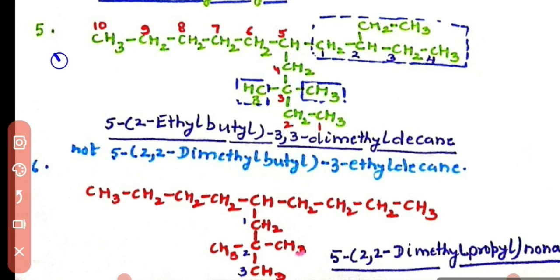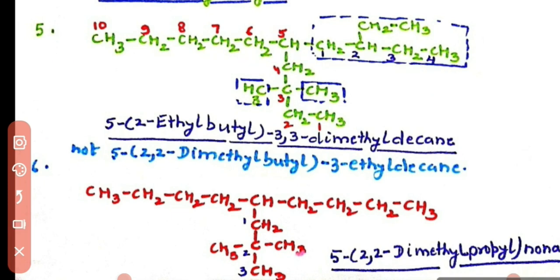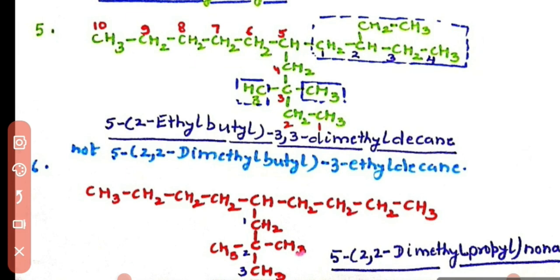Now let us take another example, that is the fifth one. Here you have to select the longest chain. I have selected the straight one. The straight chain contains 1, 2, 3, 4, 5, 6, 7, 8, 9 and 10 carbon atoms. Now let us form another chain starting from the red color, 1, 2, 3, 4, 5, 6, 7, 8, 9, 10.